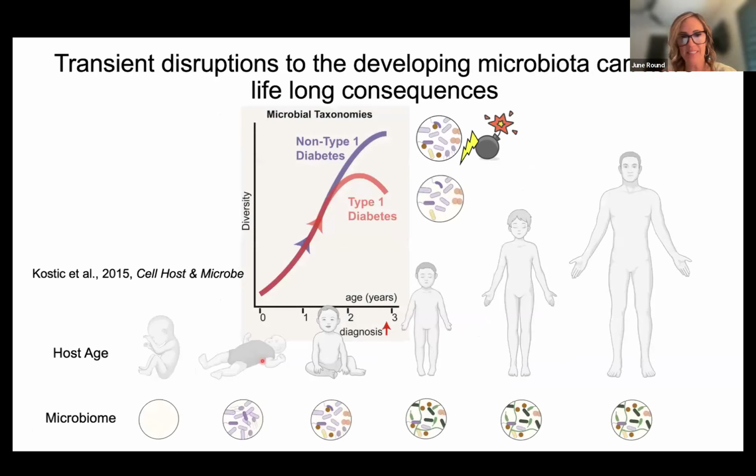So just to summarize, we've identified that there is a very narrow window of developmental time in mammals in which disrupting the microbial, bacterial, and fungal community is really important for metabolic health, in that even just these small perturbations early in life can have lasting consequences to the development of the animal.